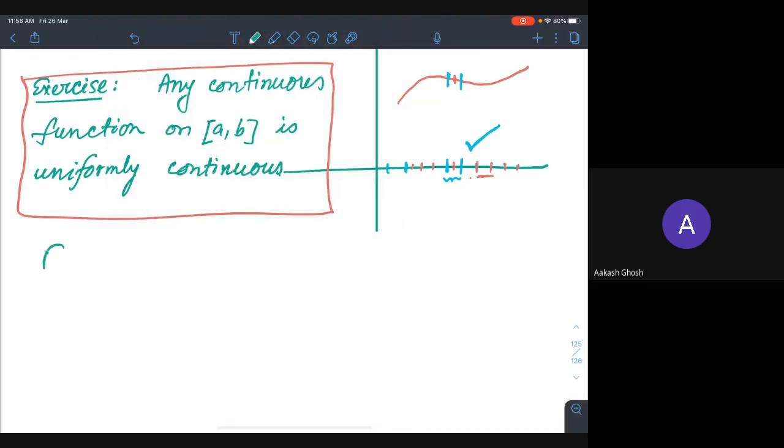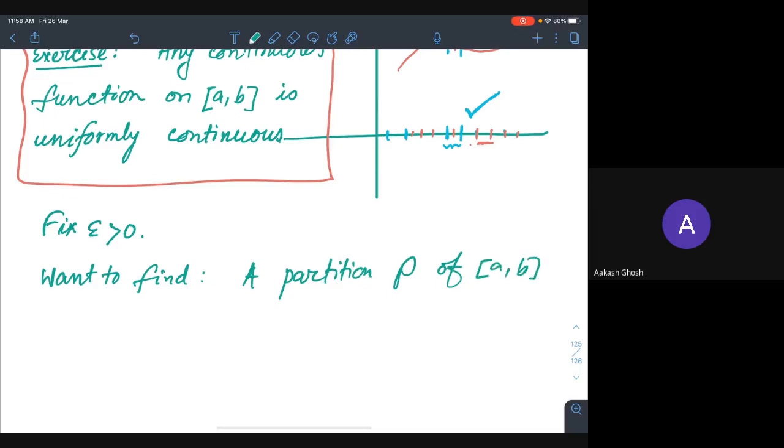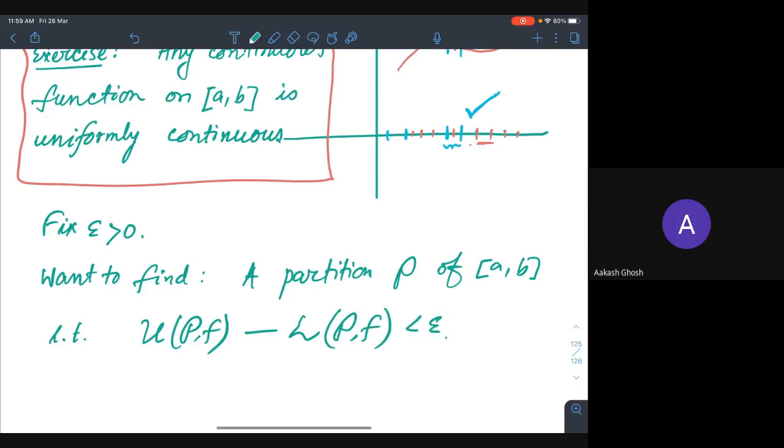So fix epsilon greater than 0. What do we want to find? A partition P of [a, b] such that the upper sum of f with respect to P minus the lower sum of f with respect to P is less than epsilon. Right?